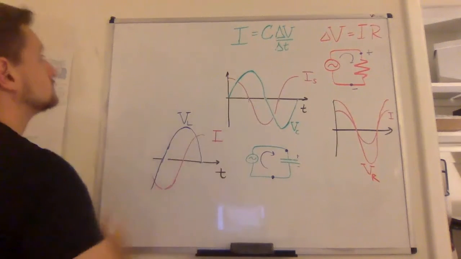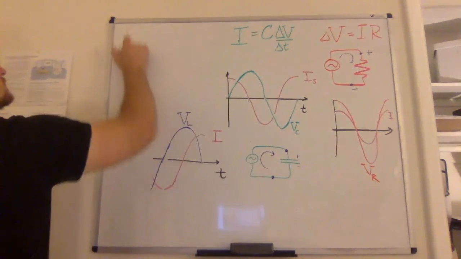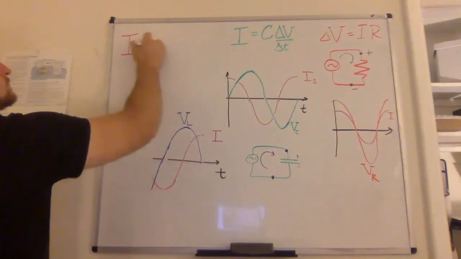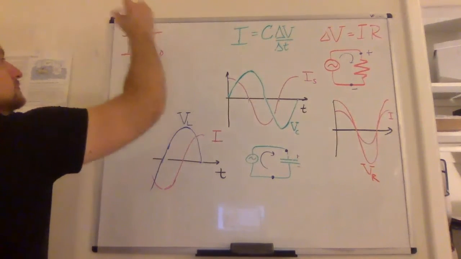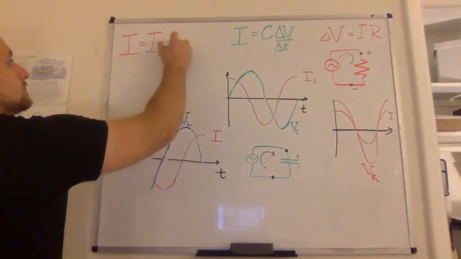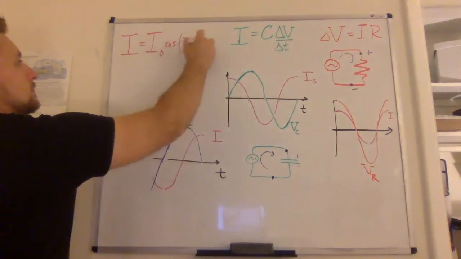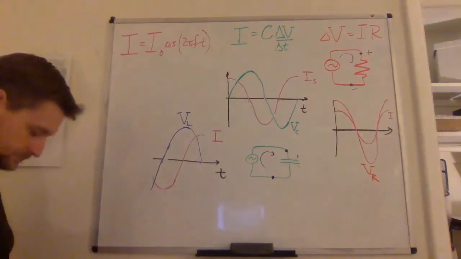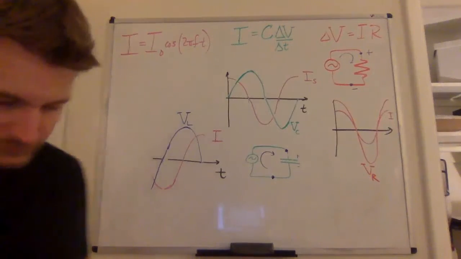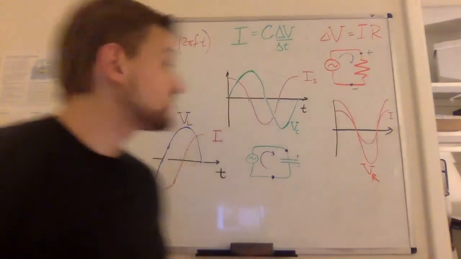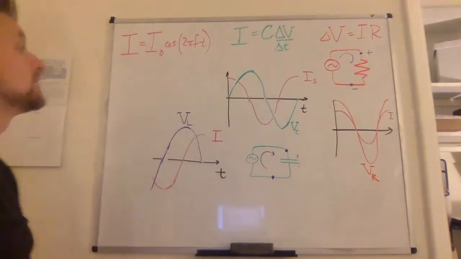It has some amplitude, but it's a cosine function. Has some amplitude, cosine.